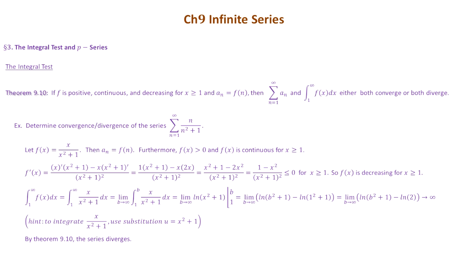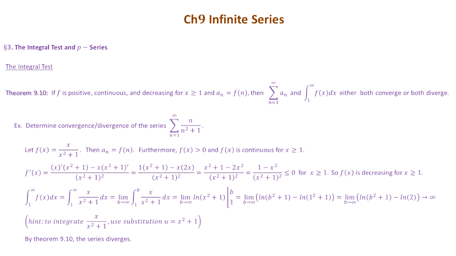The integral test says if we have a function f, a positive function, and it's continuous, and it's also decreasing for x greater than or equal to 1, so we have a well-behaved function, and a sub n equals f of n.